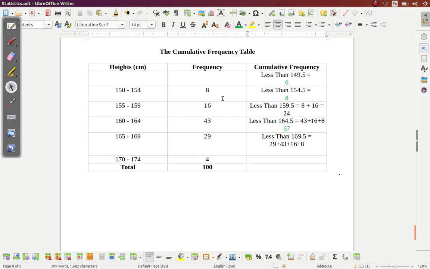All of that adds up to what? If you add them, you have 29 plus 43, that's 72, plus 16, 88, plus 8, 96. 96.